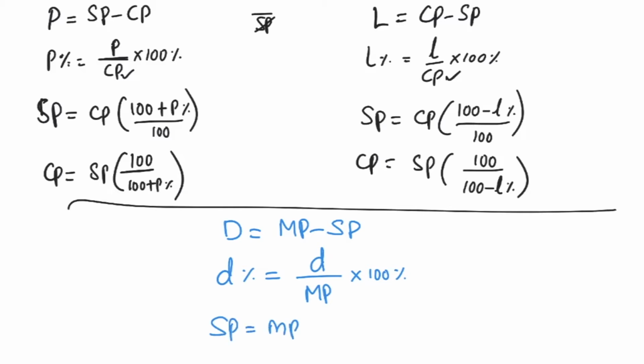If there is a discount of D%, this is the relation between selling price and market price. You need to remember these formulas. Even if you don't remember the formulas, I will tell you an alternative, universal method for finding profit, loss, profit percent, loss percent, discounts, everything. Now, move to problems.